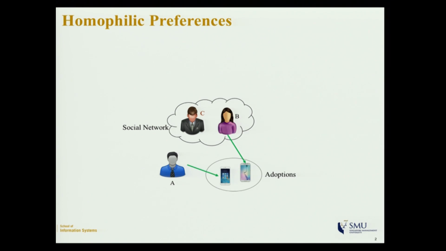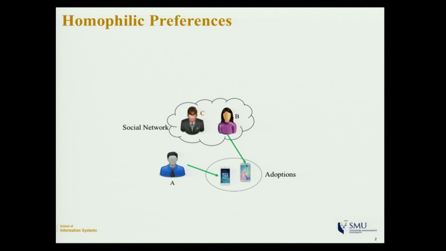I will quickly go through the concept of homophilic preference. Let's pick an example. If we have users A and B, they have their own preferences. How do we recommend for user C, if C is a cold-start user?